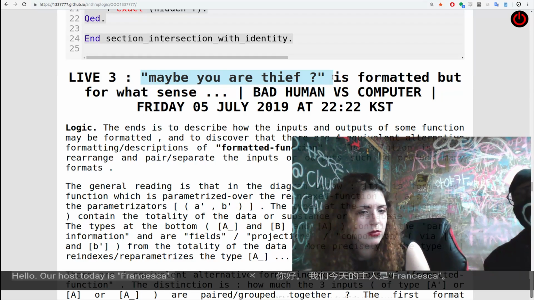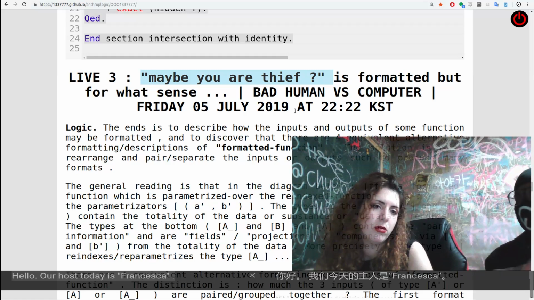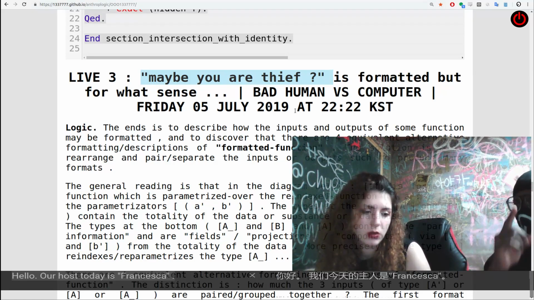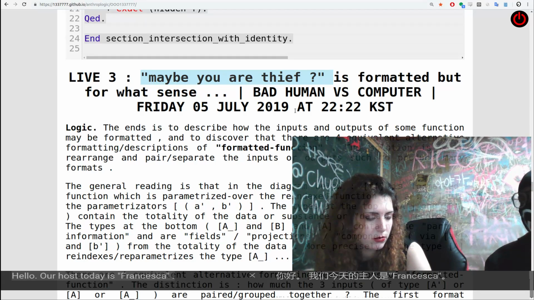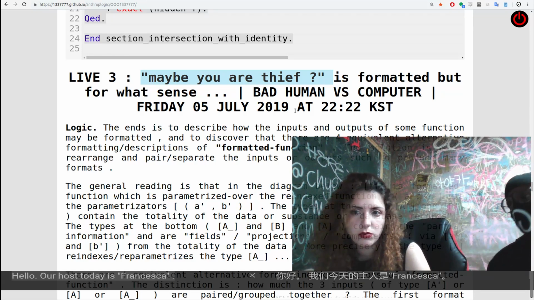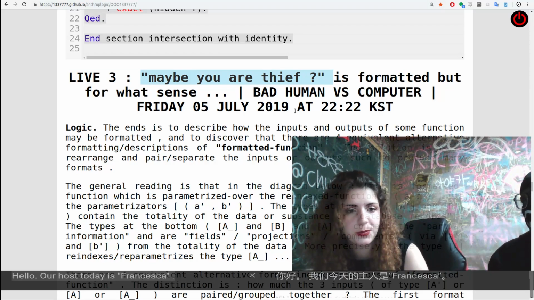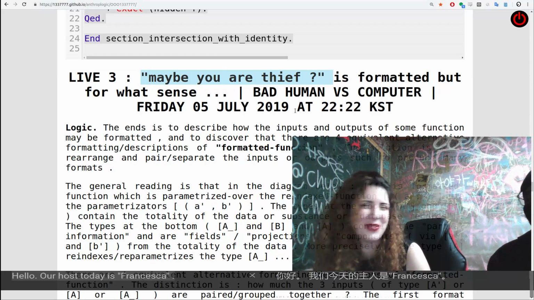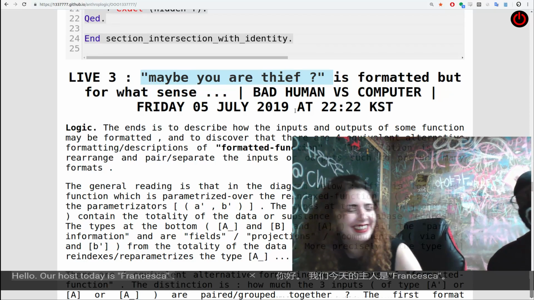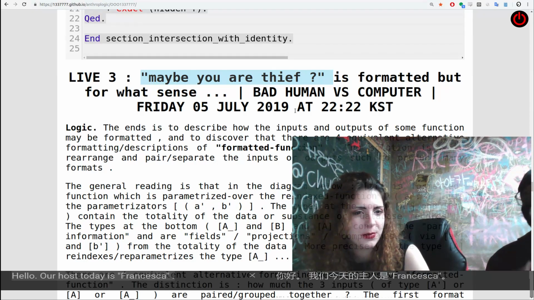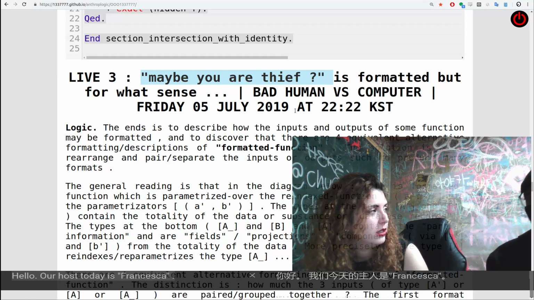Imagine I follow you around, or I post on the media, maybe Francisca is a thief. Maybe, that's true, maybe you're a thief. Imagine I have enough money to post it everywhere.